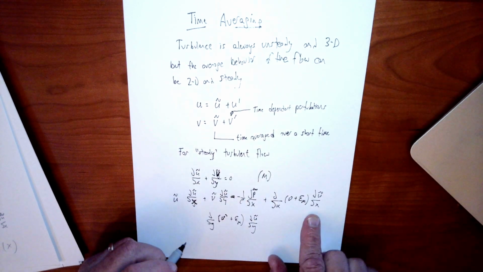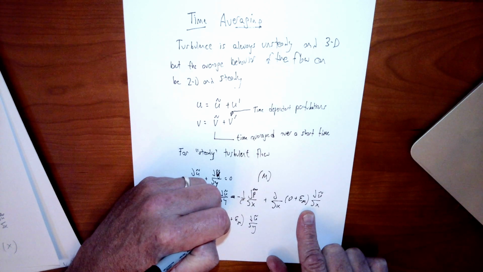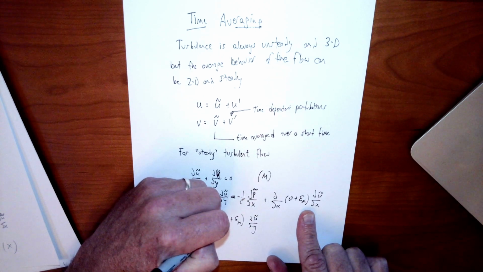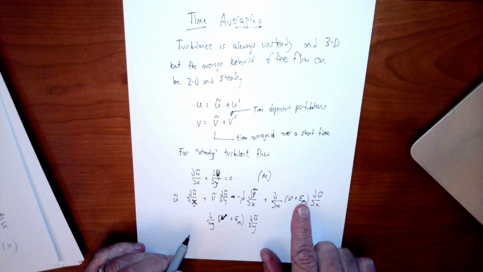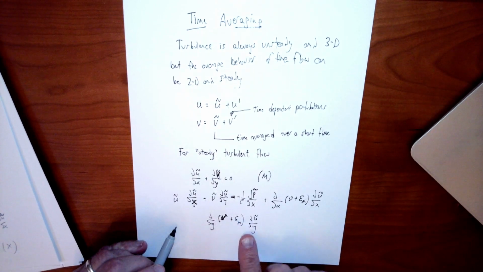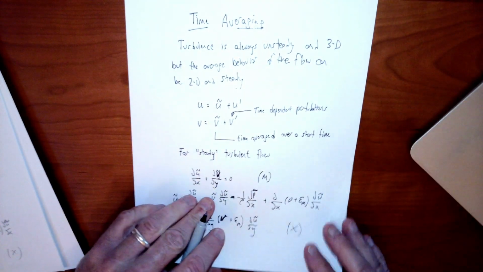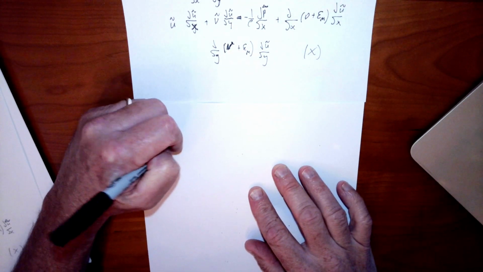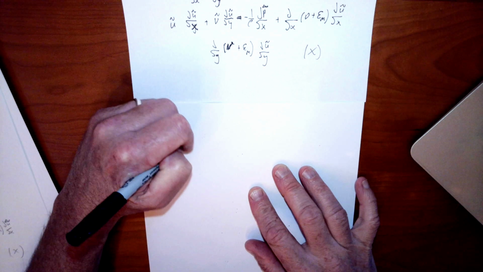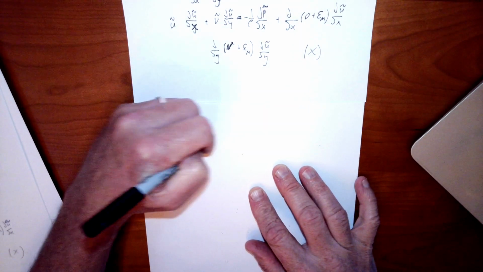That's a nu, not nu squared. These terms do not look the same here at the end, this nu plus epsilon m and this nu plus epsilon m. That's the x momentum equation, and you have that same thing in the y momentum equation. In the y momentum equation, you also have the same form on the left that you would have for the non-time averaged equation.